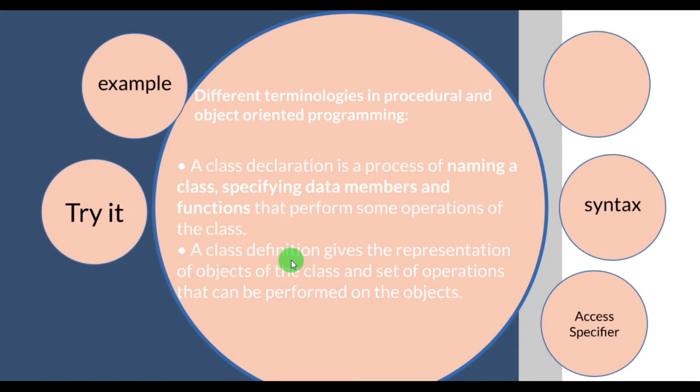A class definition gives the representation of an object of a class and a set of operations that can be performed on the particular object. So we are going to perform some operations on that particular object. So this is what a class is. By this you came to know what a class is now. Next we are going to see the syntax. So let us see that.